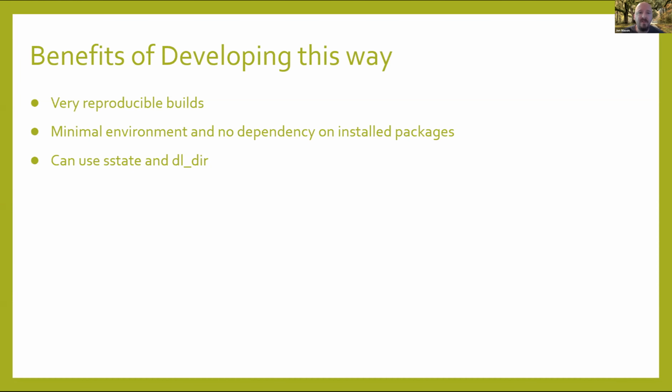So what are the benefits of developing this way? Everything is very reproducible because it's a brand new Docker every single time. So unless you have some kind of internal race, you're building with absolutely nothing existing there already, and the very minimal tools to build the package, the binary, the image.